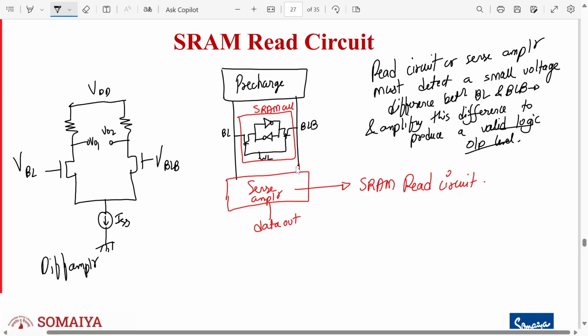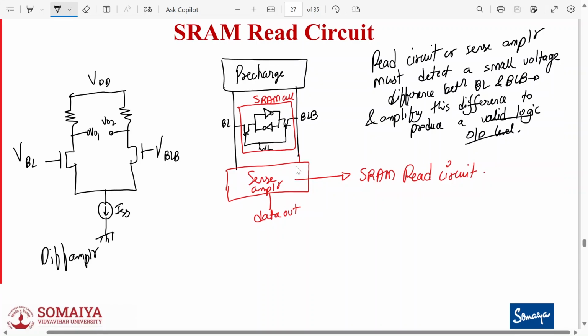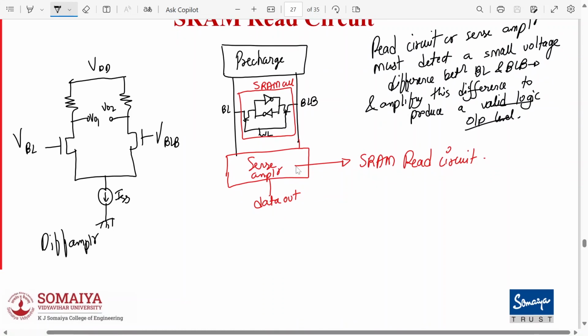Okay, that's the functioning of a read circuit or a sense amplifier, and these are directly one and the same thing. Okay, understanding?